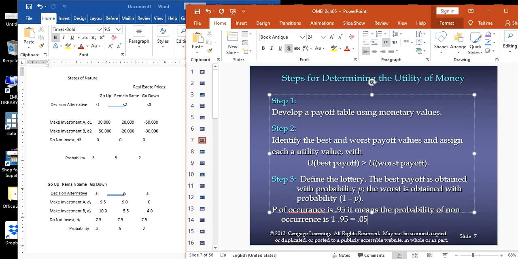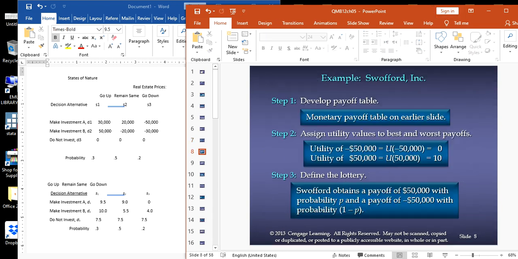So 1 minus P equals 0.05. So this is just an explanation for step 3. So we assign a probability of the best case and worst case. Okay.